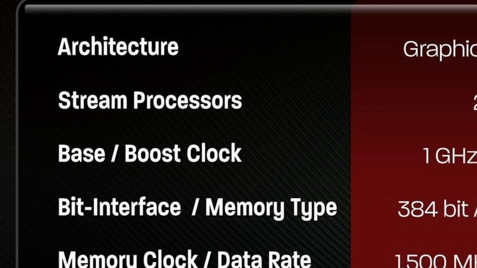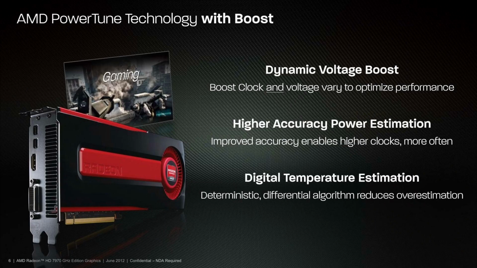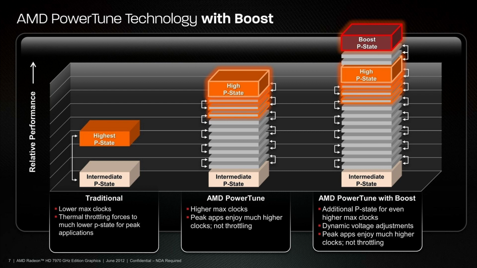There's a boost. AMD PowerTune technology with Boost, or PT Boost, introduces a new approach to maximizing out-of-the-box frequency and performance. The idea is pretty simple. AMD adds a boost P state on top of the previous highest P state. This additional P state allows for extra voltage and thus higher operating frequency.